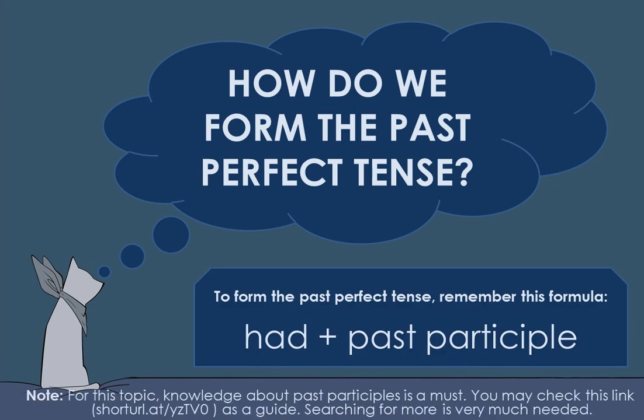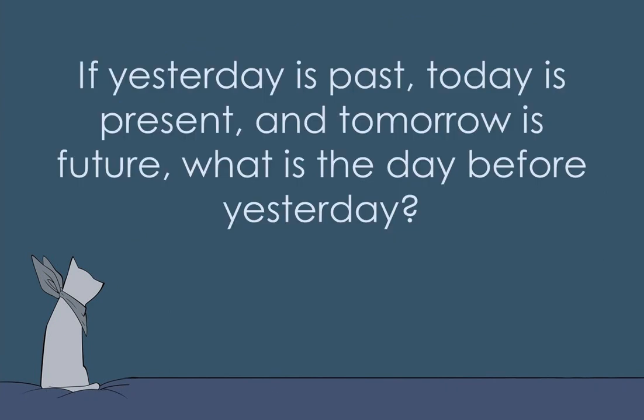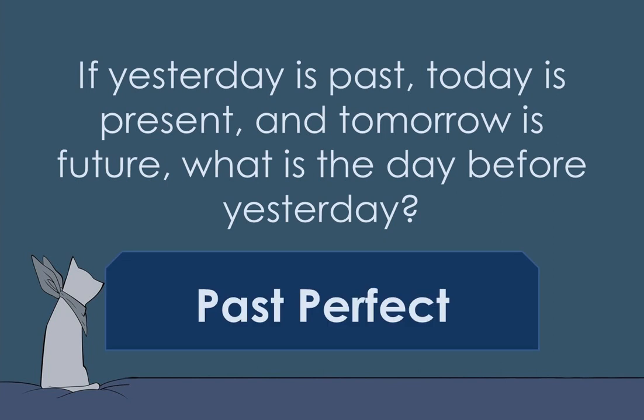It is very important to know the past participles of verbs because these are part of your tenses, especially the perfect tense. So if somebody asked you, if yesterday is past, today is present, and tomorrow is future, what is the day before yesterday?